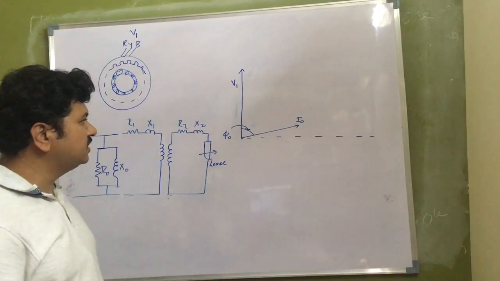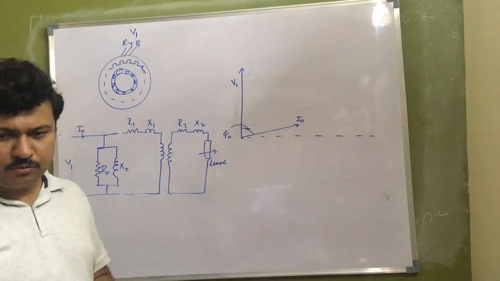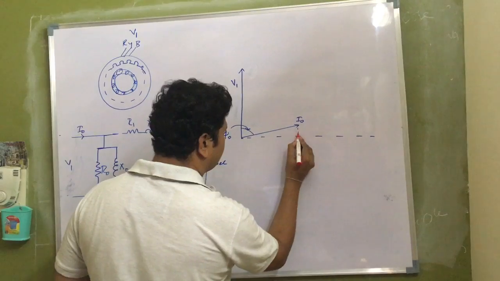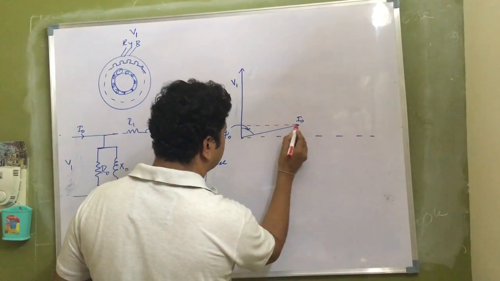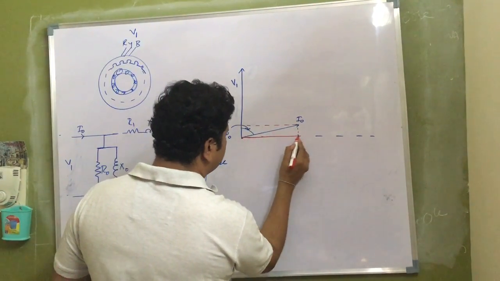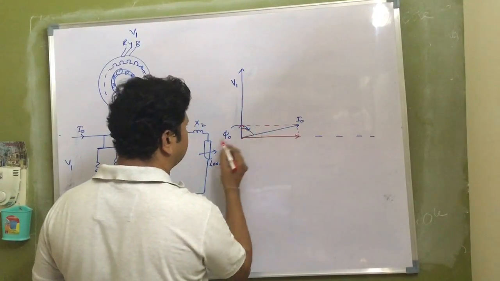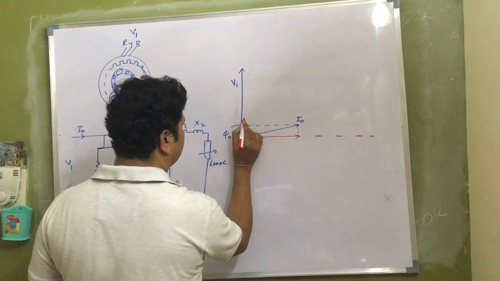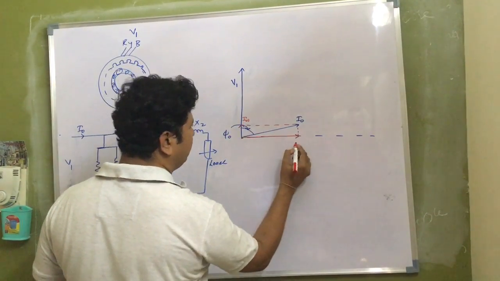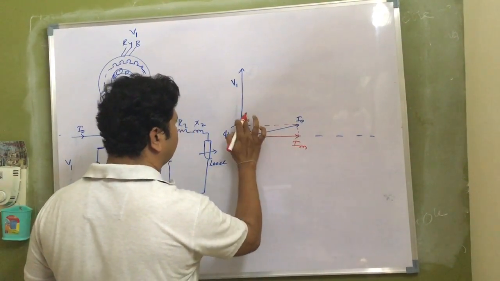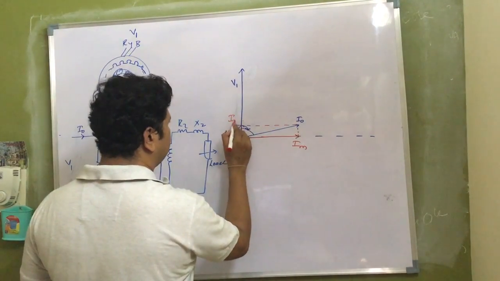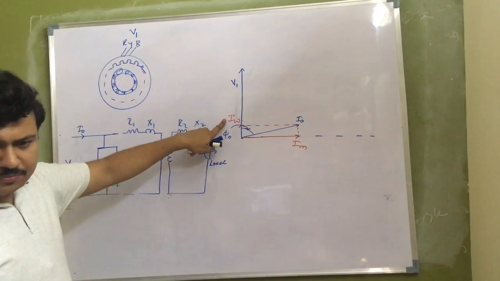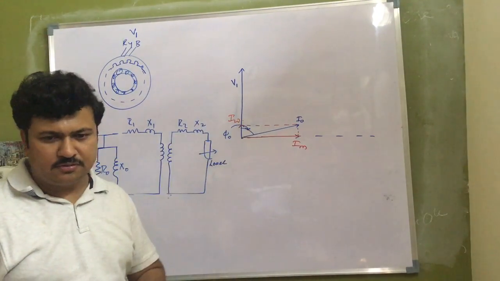Now I can resolve this vector into two vectors, horizontal and vertical. So I get two vectors here. This is called IW or IC, the loss component, and this is called IM or I mu, the magnetizing component.